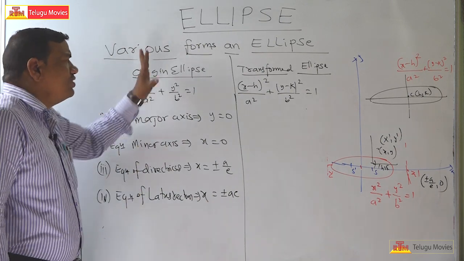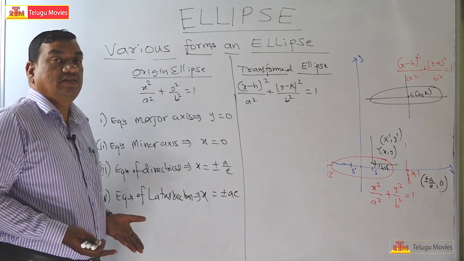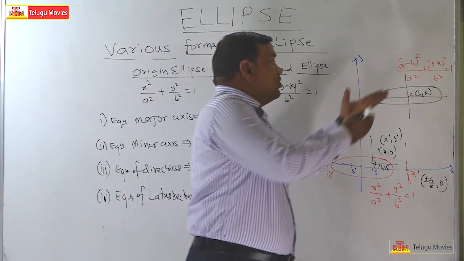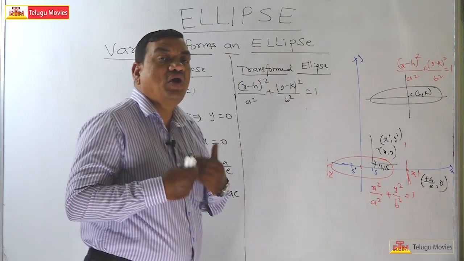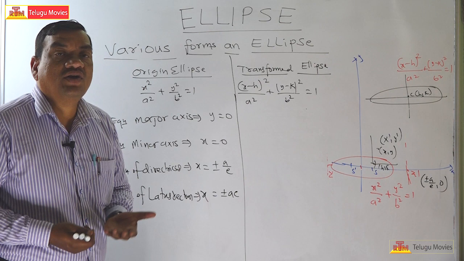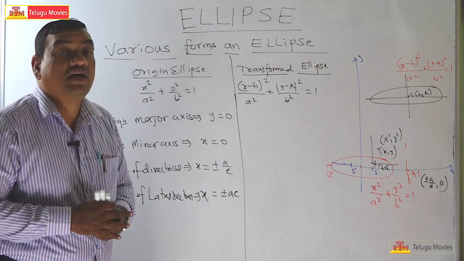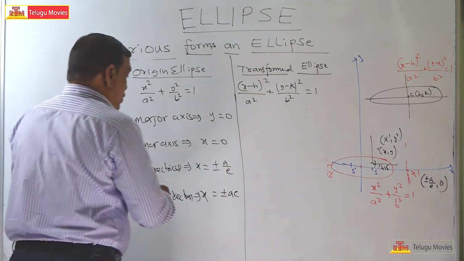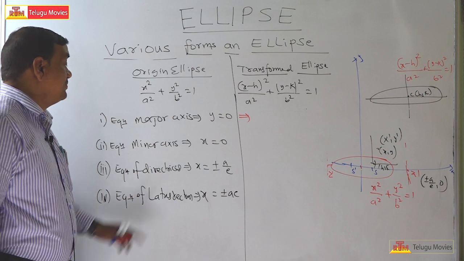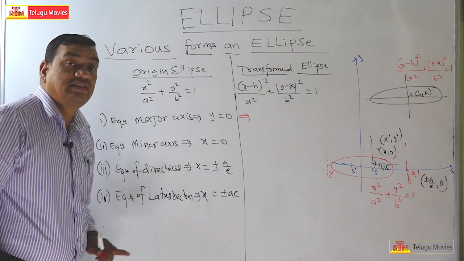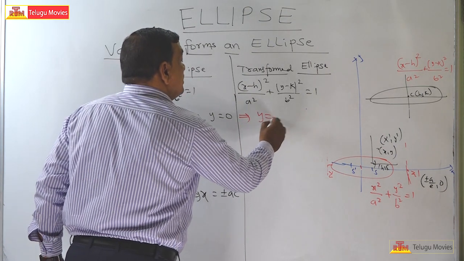Okay, now, so this is for the original ellipse. If the ellipse is transformed to (h, k), whose center is (h, k), then everything has an increment. For x the increment is h, for y the increment is k. Then how to remember these formulas? For this transformed ellipse, the equation of major axis: here y is equal to 0, now y is equal to k.